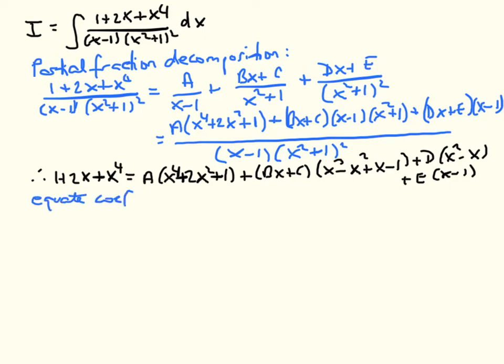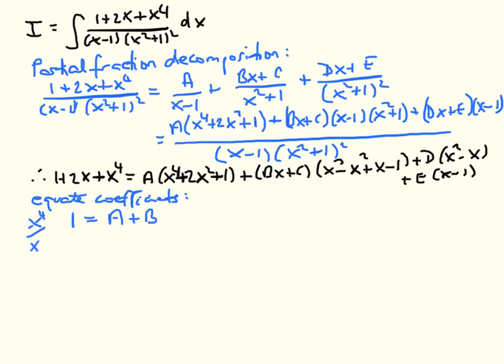coefficients, and for x to the fourth we have 1 is equal to a from here. We also have b here, x times x cubed, so that's plus b, and there are no further x to the fourth powers.